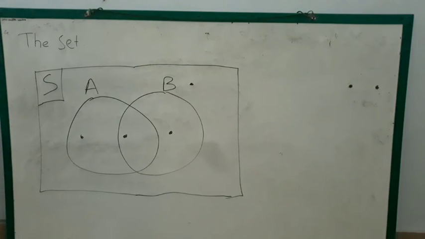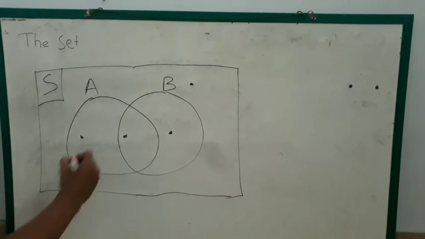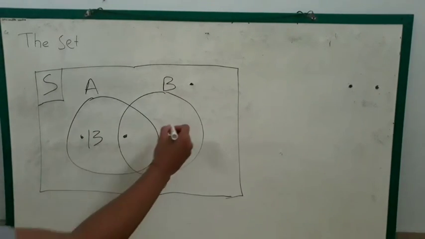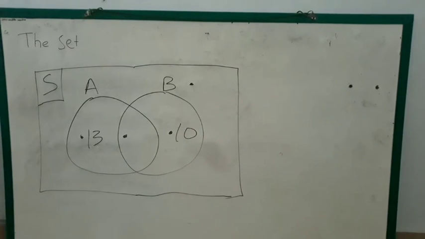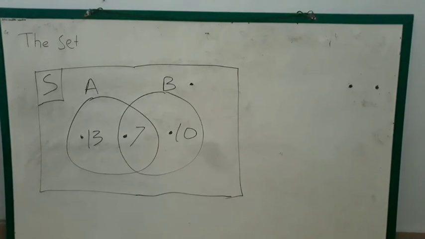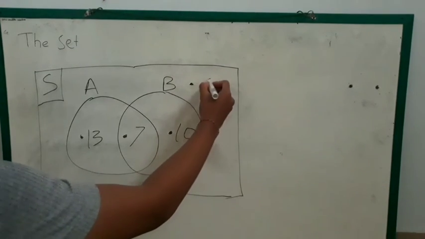And then we can draw the diagram. The following is the Venn diagram of the solution above. We draw the set A. The value of set A is 13, the value of set B is 10 students, the intersection of sets A and B is 7, and the students who did not like these two sports is 6 students.